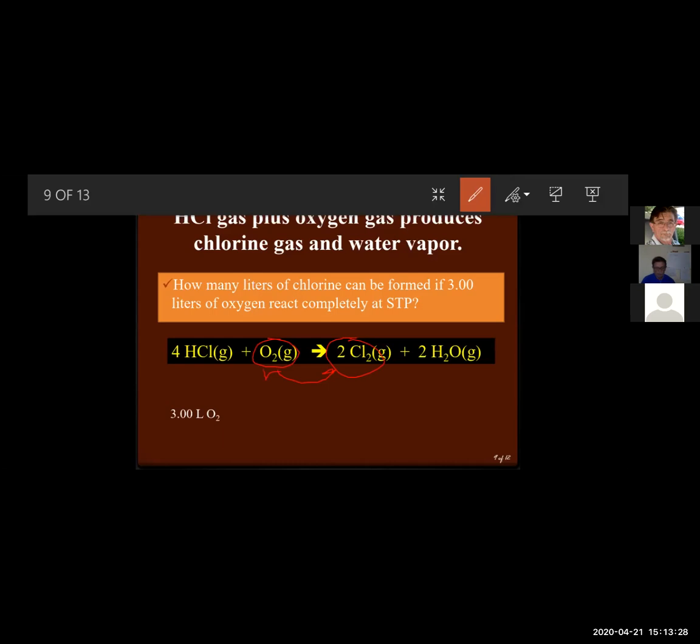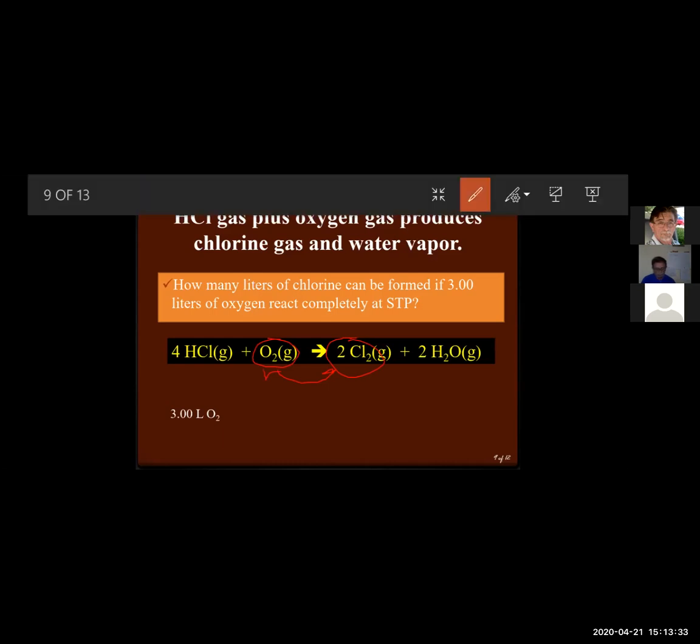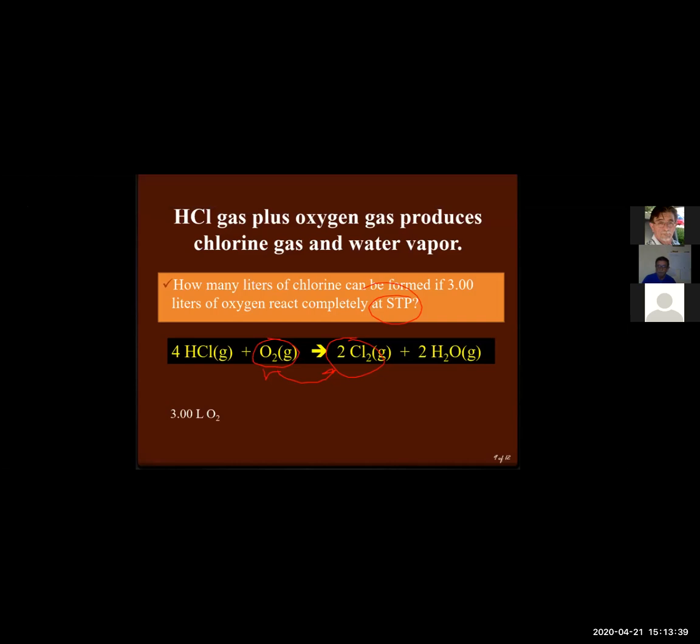We'll keep that in mind. Plus, we're at STP, so 22.4 liters per mole could be a factor here too in our calculations. So we write down what we're given. First one, you always have to get to moles. So since we're at STP, we can use this factor to get us into moles of oxygen.